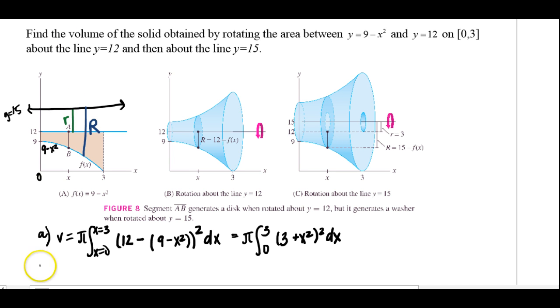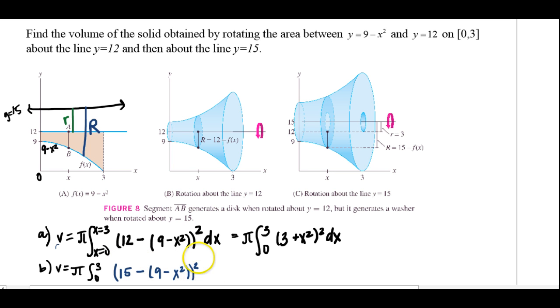So now if we set up, let's call it part B, we have pi times the integral from still 0 to 3. My big radius, we'll go ahead and do in blue, is going to be the top function, which is 15, minus the bottom function, 9 minus x squared, all squared.